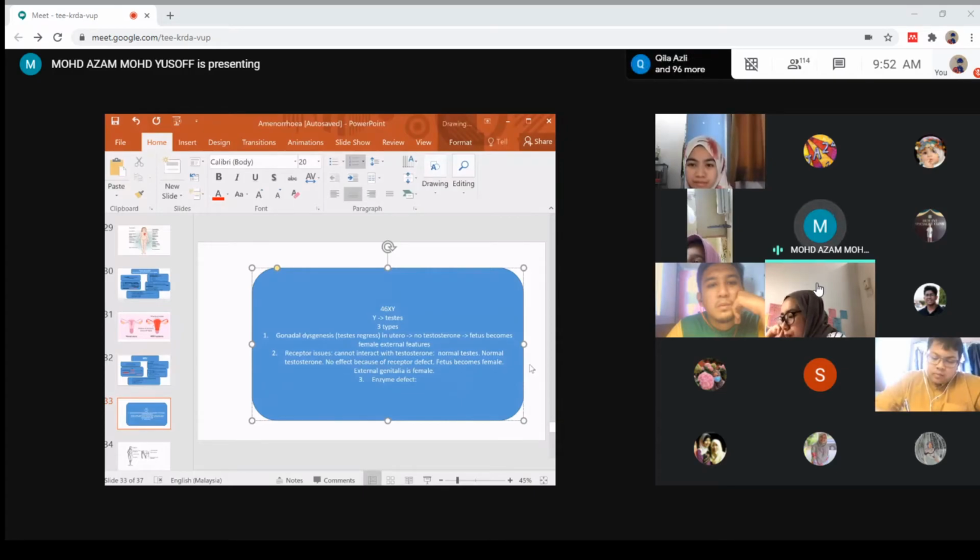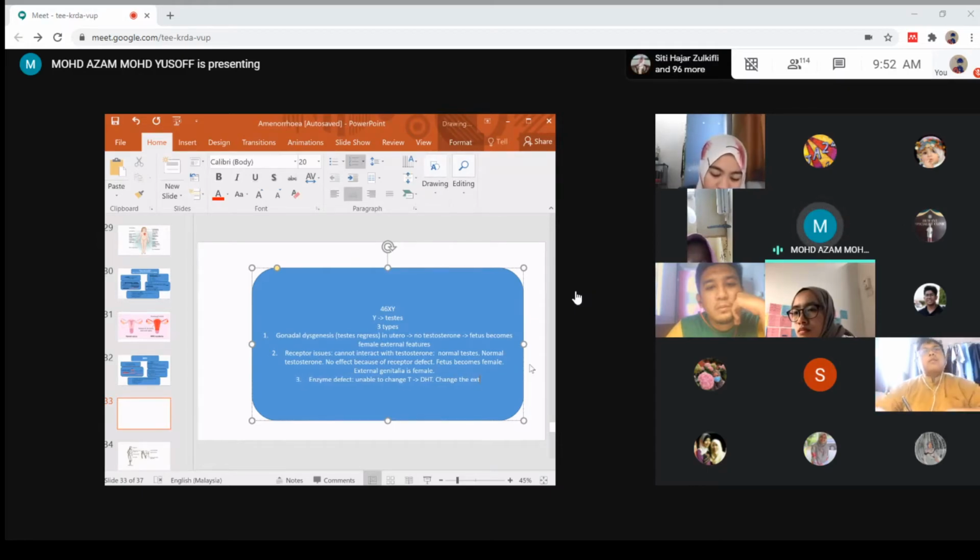The enzyme is unable to change testosterone to dihydrotestosterone. Dihydrotestosterone is important to change the external genitalia to male.